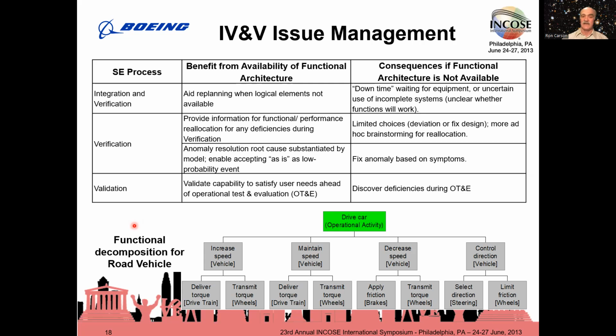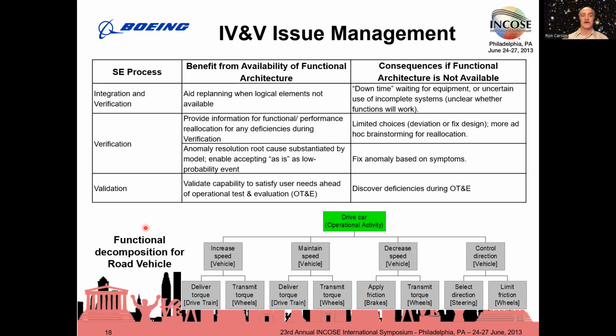And so we can get more benefit of the equipment we have, not just wait for new logical elements to arise. During verification, we can provide information for functional performance reallocation if we find there are any deficiencies identified during verification. You can examine the architecture model, make changes, and see what might work better before we go to implementation.